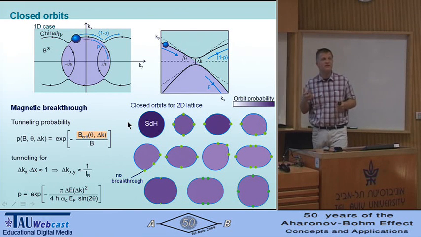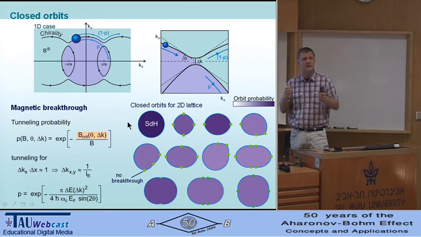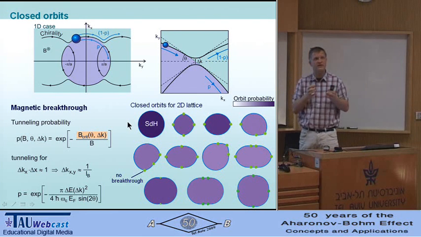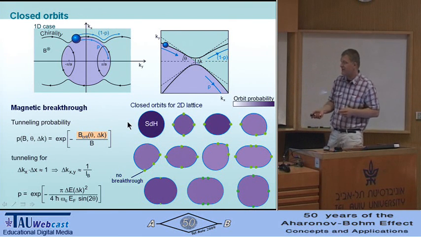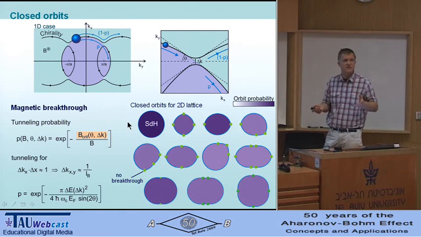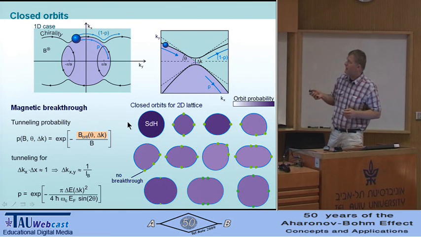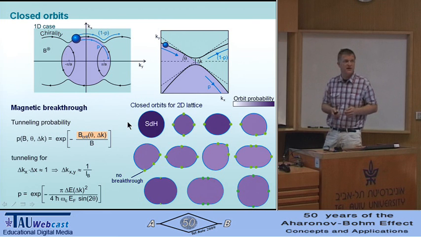It's essentially 25 nanometers per square root of Tesla. And so the uncertainty in real space becomes smaller and smaller. But this means that the uncertainty in K space becomes larger and larger, so that eventually the electron will actually be capable to overcome this discrepancy in K and will be able to tunnel from this trajectory onto this trajectory.